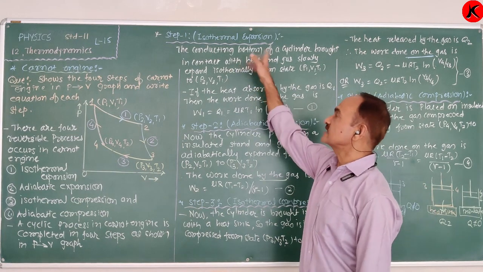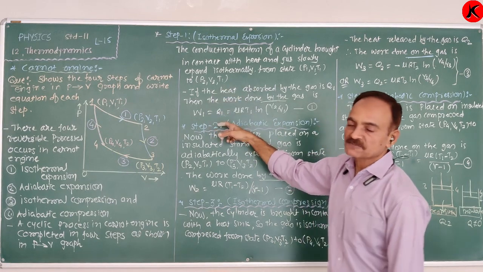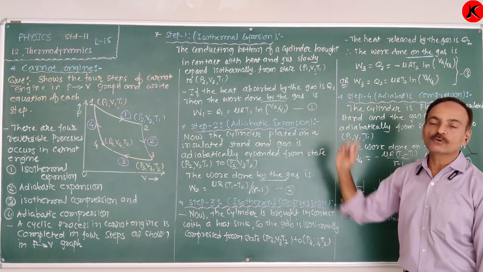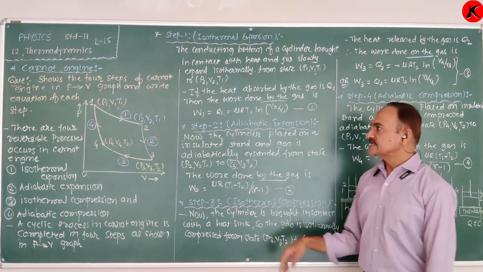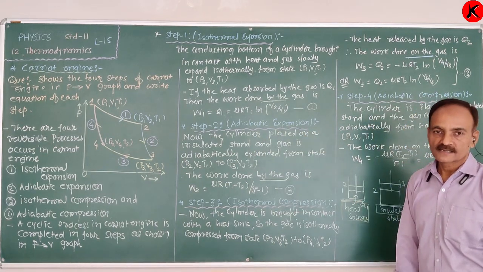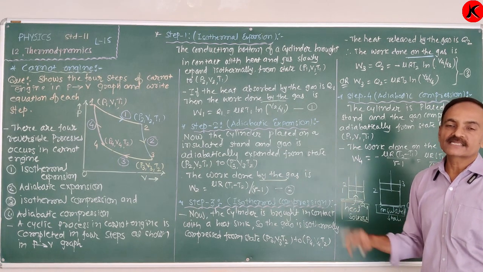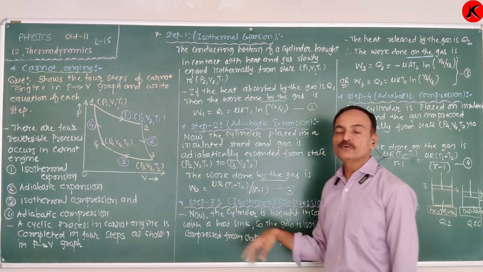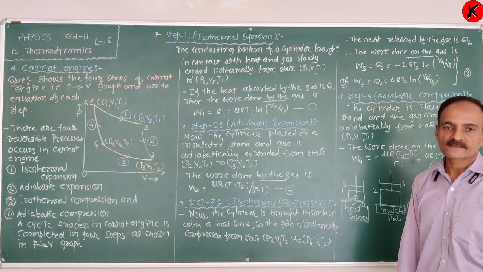The first step is isothermal expansion, and the work done W1 is equal to Q1, mu R T1 ln V2 upon V1. The second step is adiabatic expansion. During the adiabatic expansion there is no exchange of heat, but the temperature changes. Therefore, the work done W2 is equal to mu R T1 minus T2 upon gamma minus 1.